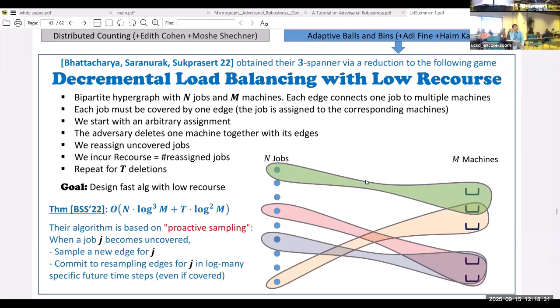Somehow they leverage these future resampling times to show a sophisticated charging argument that charges the recourse the adversary does at every moment to future resampling that you're committing to, and using that, they were able to show that bound. Make sense?